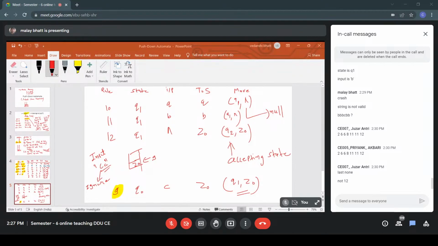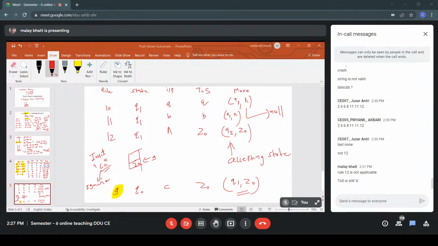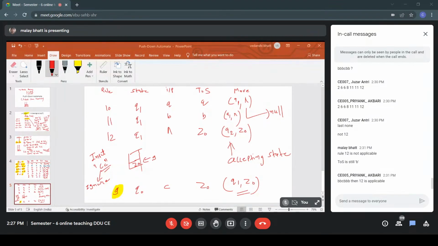Rule 12 is not applicable here because still we have one more B on the stack. Our top of the stack is B. We are able to pop only 2.